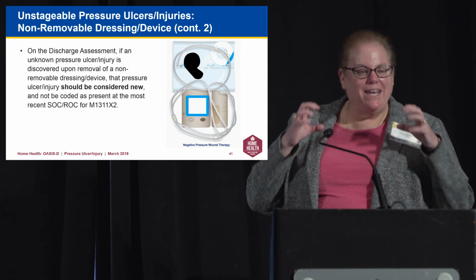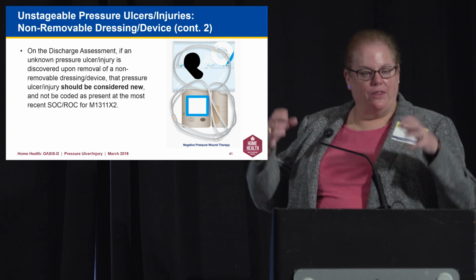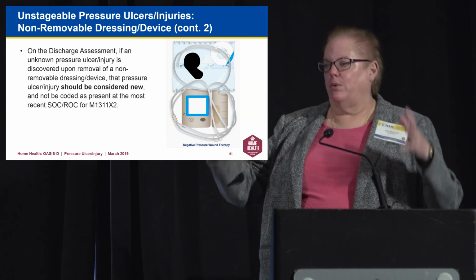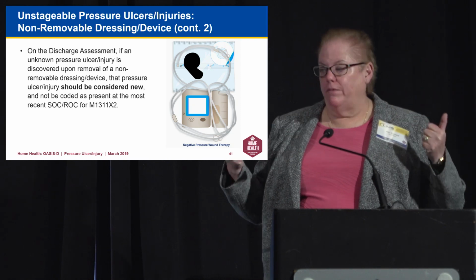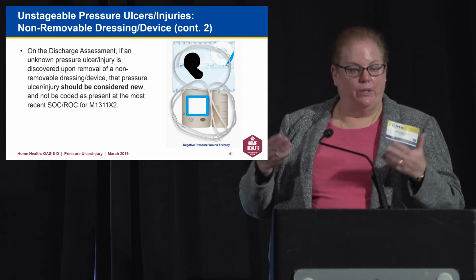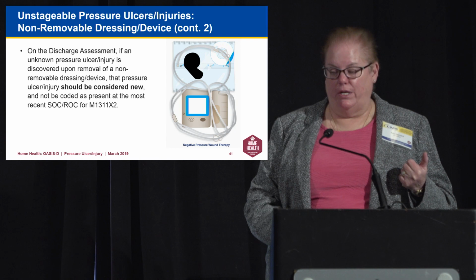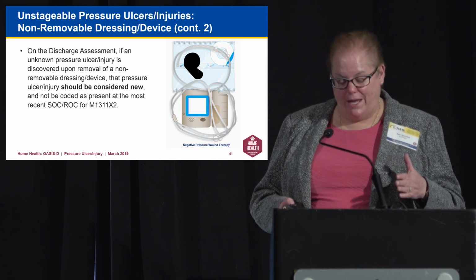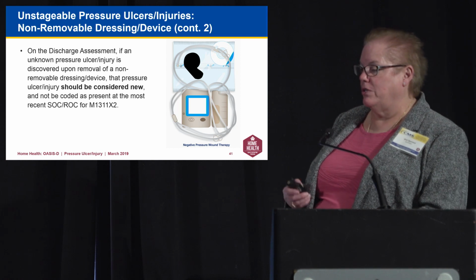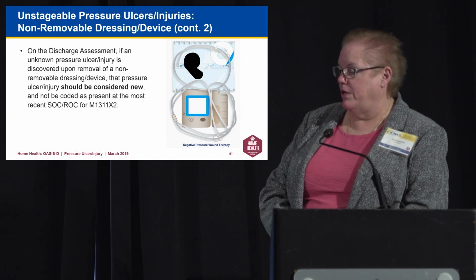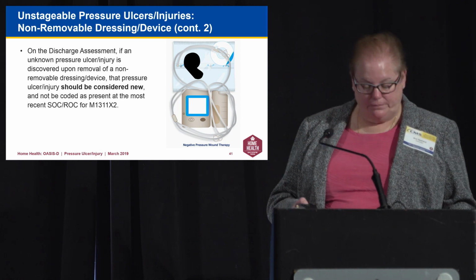No one said anything about an injury underneath that dressing, device, or whatever. Now we get an order, we can remove it. We remove it and we're like, oh, we have this injury underneath there. Okay, well now it should be considered new and not present upon admission because it was unknown that we had it underneath.